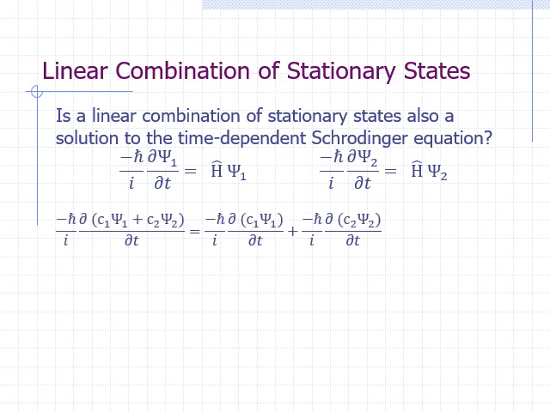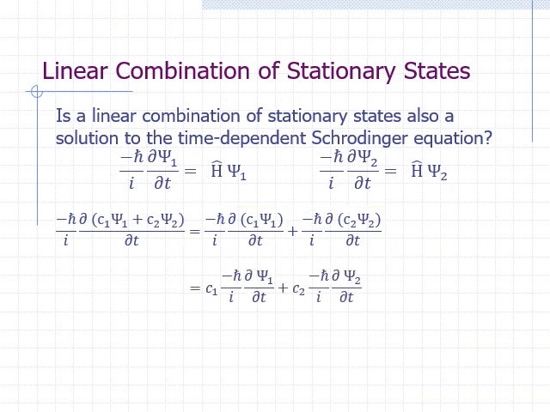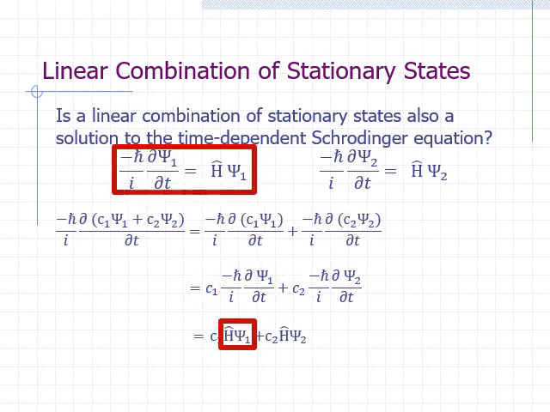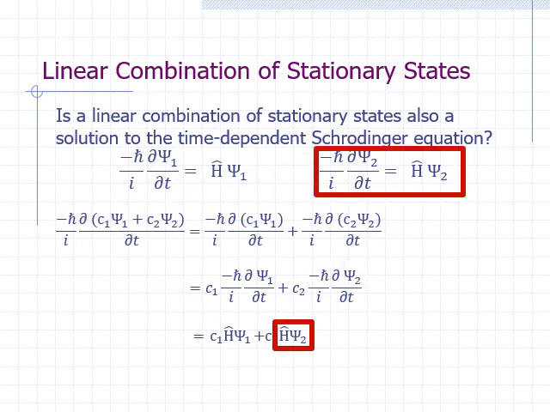What if we take negative h bar over i times the derivative of a linear combination of psi 1 and psi 2 instead? Well, the derivative of a sum is equal to the sum of derivatives. You can pull out constants from the derivatives. Then we can identify this as H hat psi 1, and we can identify this as H hat psi 2.